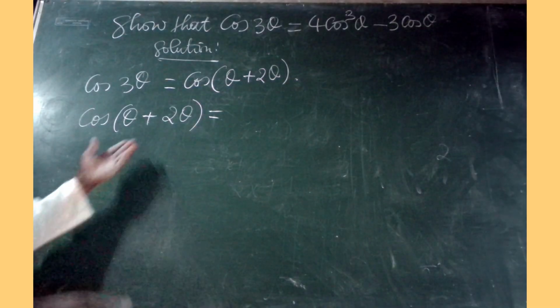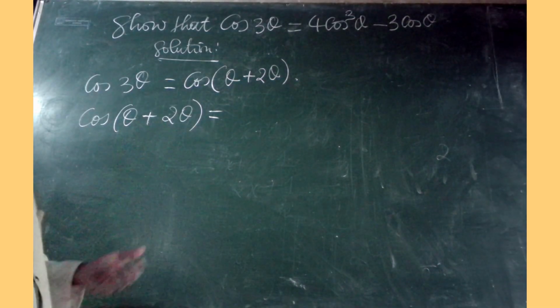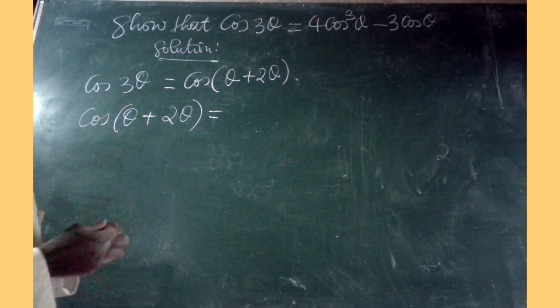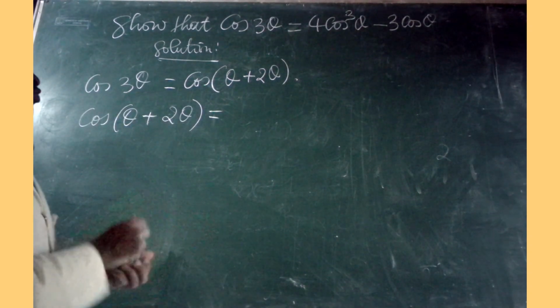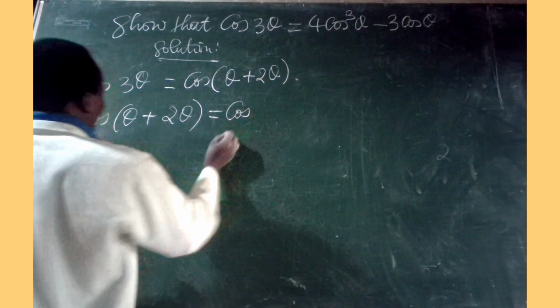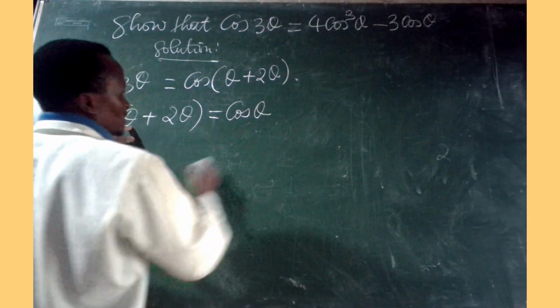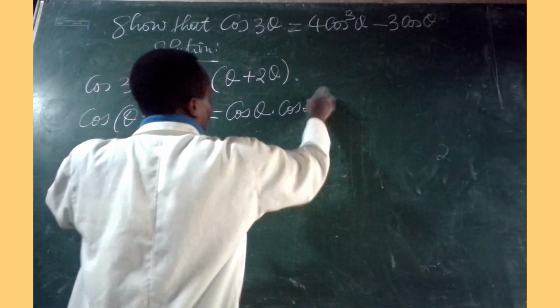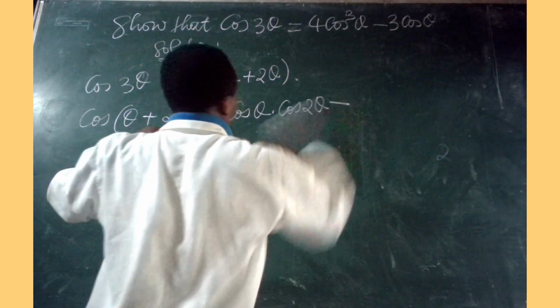I have showed you how cosine of 2 theta or sine of 2 theta should be equal. So now we should have cosine of theta times cosine of 2 theta, minus.